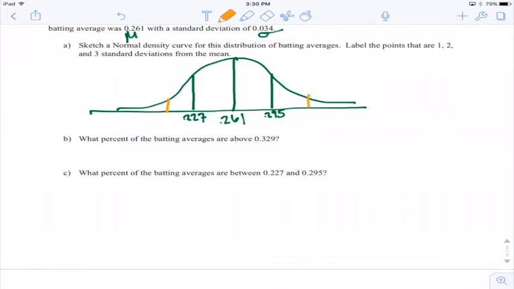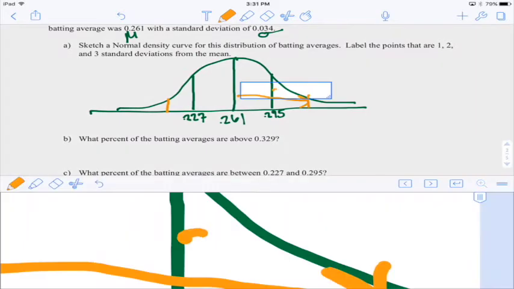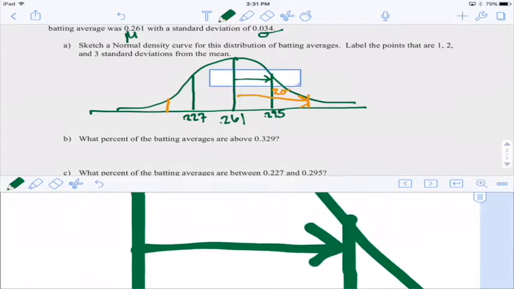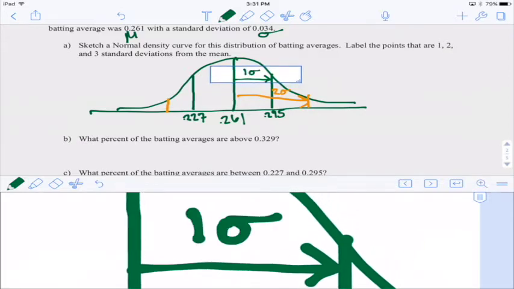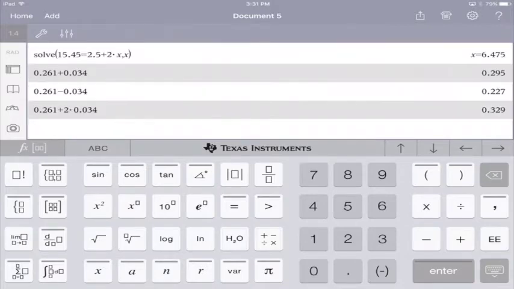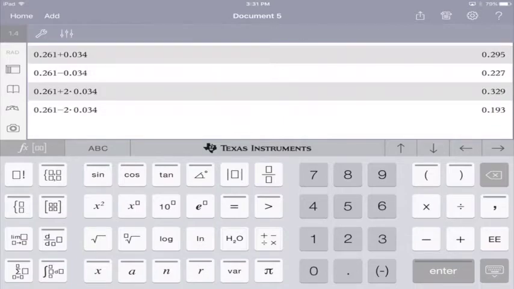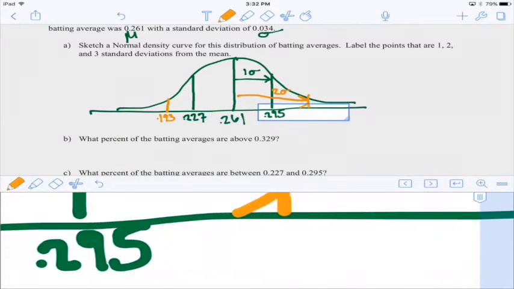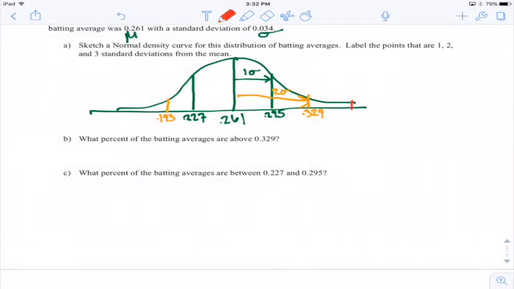This will be 2 standard deviations from the mean. So that's 2 standard deviations above, 0.329, and 2 standard deviations below, 0.193. Now we'll go 3 standard deviations, so this will be our 99.7.